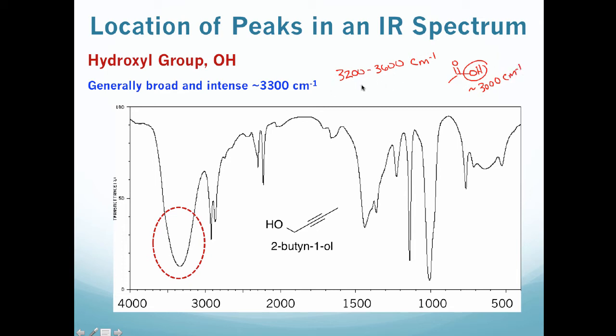So this is just OH groups that aren't carboxylic acids. So here's the spectrum of 2-butyn-1-ol. We have this hydroxy group, and this broad stretch, it's around 3,350.